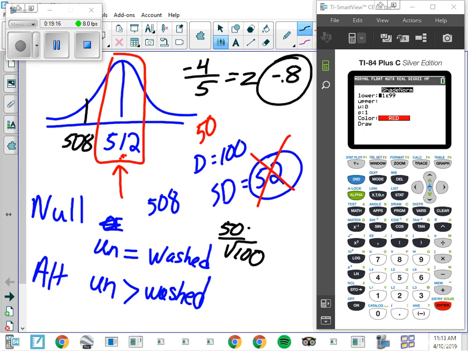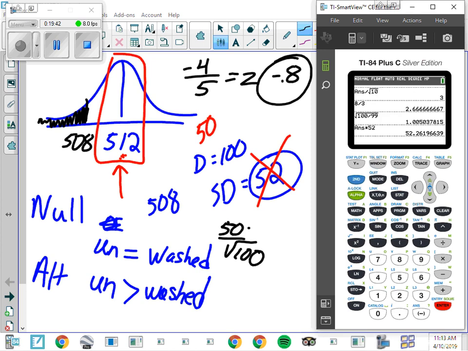I want to know how much area is over here. If that area is large, then the null is true. If that area is very small, then the null is rejected. So I'm going to shade norm from -5 to -0.8. Can't see much. But the answer is 21%.